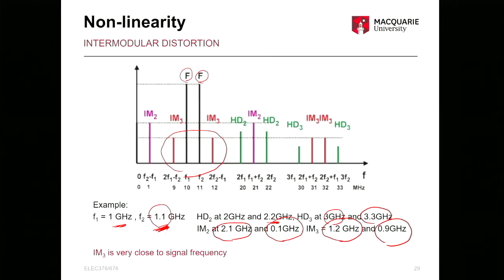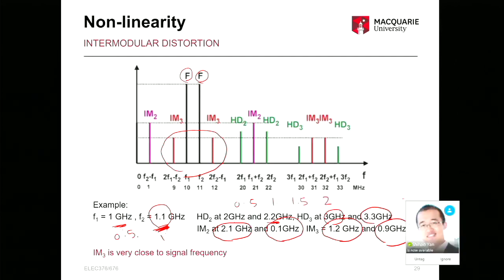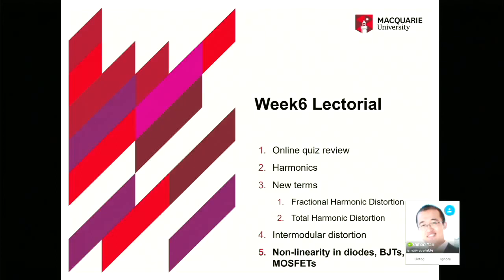Yes? What if, for example, frequency 1 is 0.5 gigahertz and frequency 2 is 1 gigahertz, what's the relation like this? Yeah, so you will have 0.5, 1, 1.5, 2, etc., because these are the harmonics for this.